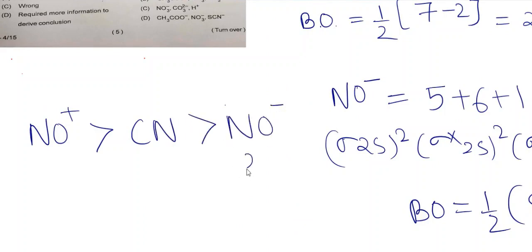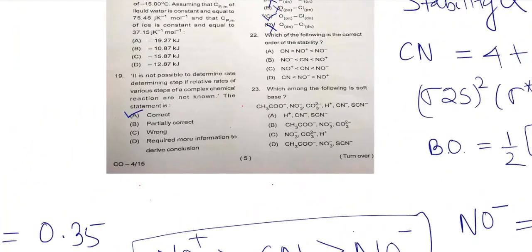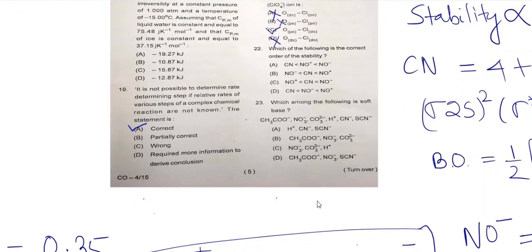The bond order is 2 for NO minus, 2.5 for cyanide, and 3 for NO plus, and this is also the stability order. Bond order and stability order are both the same. So for this question the answer is option number B. Option number B is the correct answer.